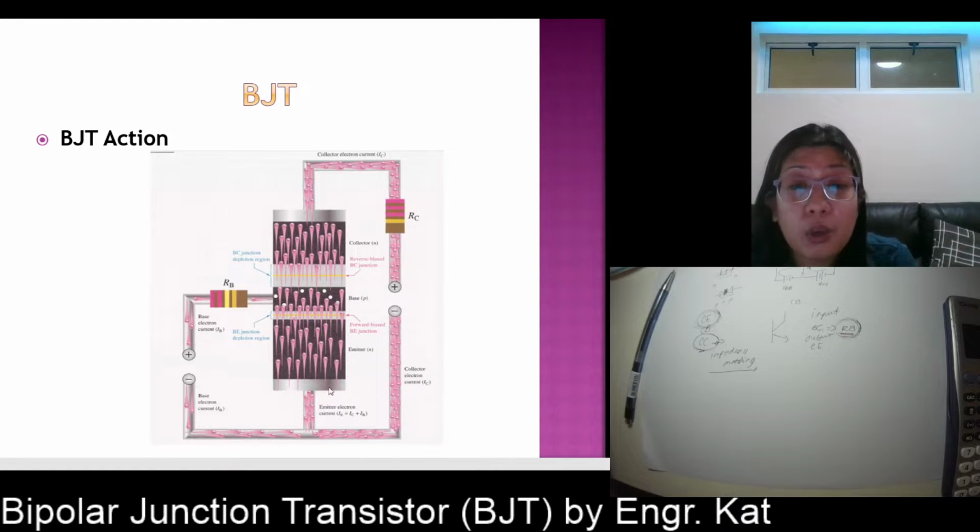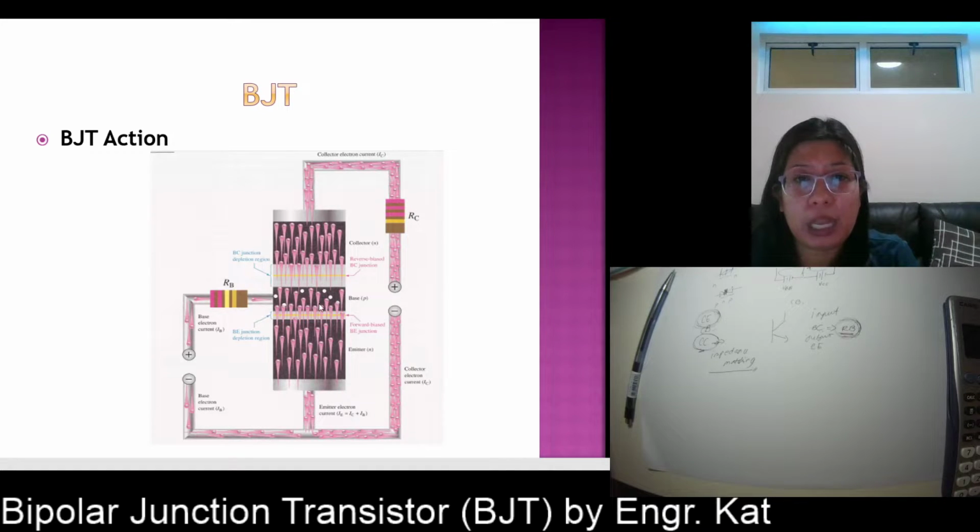That means your emitter has what? What are the majority carriers for N-type? They have lots of electrons, because electrons are the majority carriers, while they have minority carriers in the form of holes. What are the minority carriers in P-type? The minority carriers in P-type are the electrons, while the majority carriers are the holes.